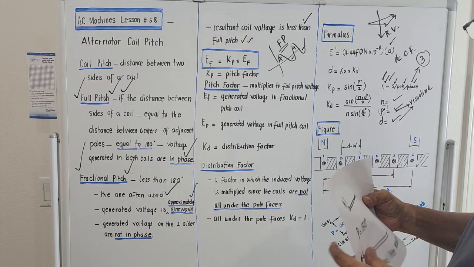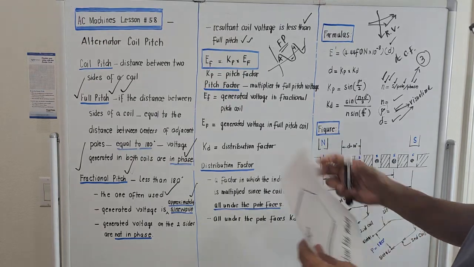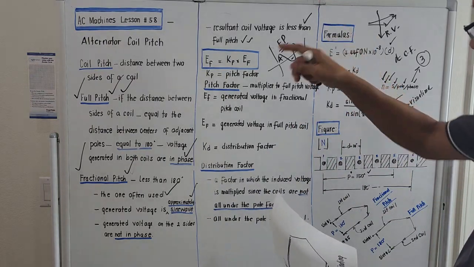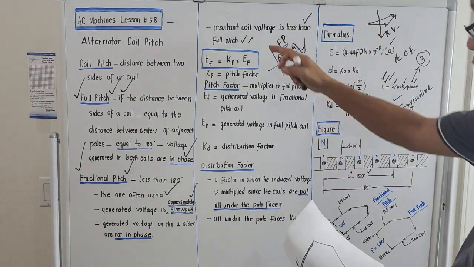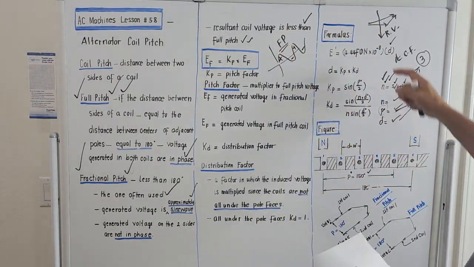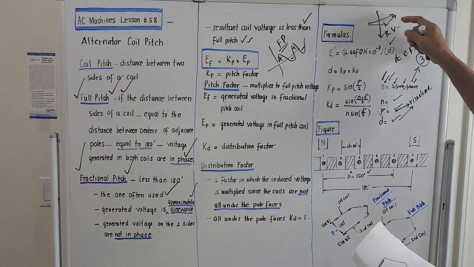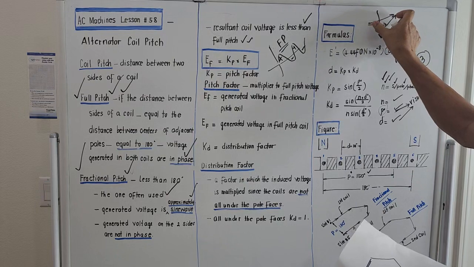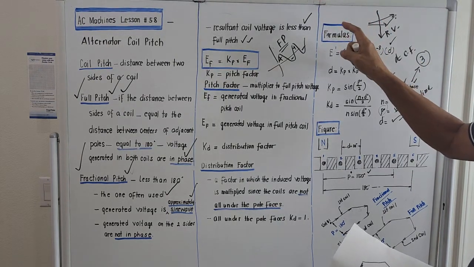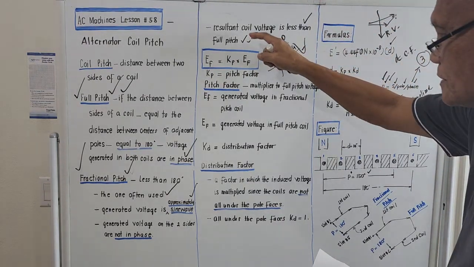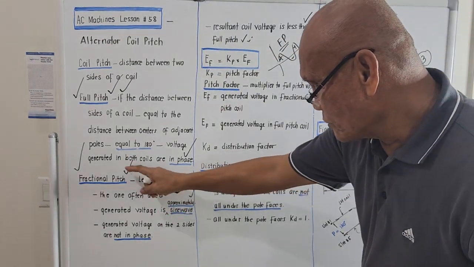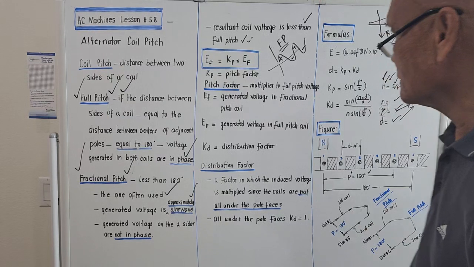So if the other one is 1 volt, and we are considering 2 windings, it will be 2 volts. But for a fractional pitch, it should be less than 2 volts. That's the meaning of this. The voltages are not in phase, so if you add the 2 voltages, the resultant will be less than the voltage for a full pitch. Okay? That's the fifth annotation under fractional pitch.